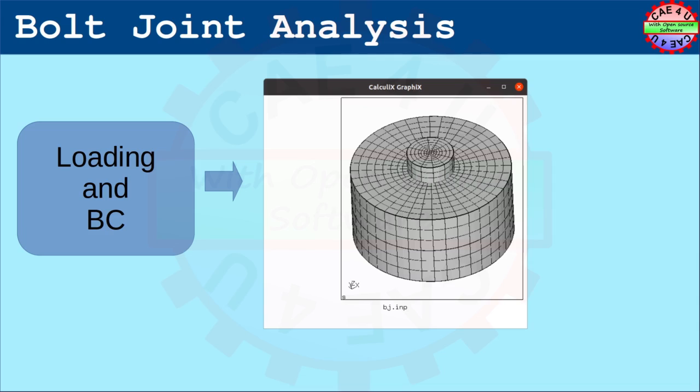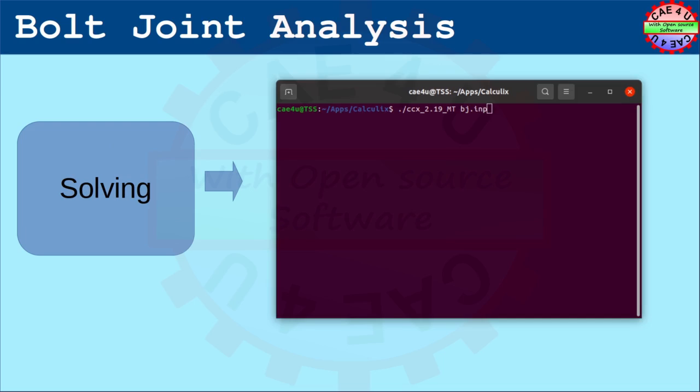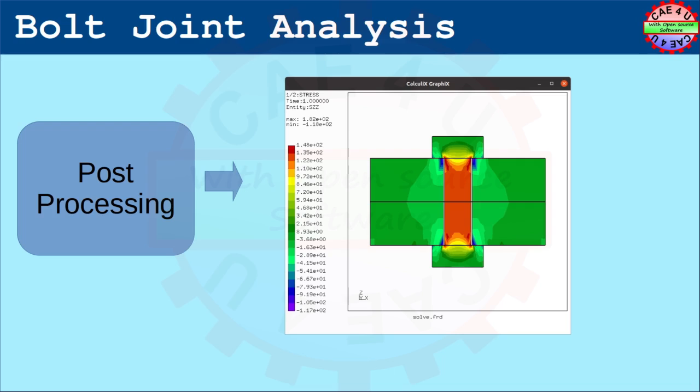The loading and boundary conditions are defined in Calculix. We will use Calculix CCX for solving. Post processing is done in Calculix and subsequently in a simple spreadsheet program. For our case, we have used LibreCalc.